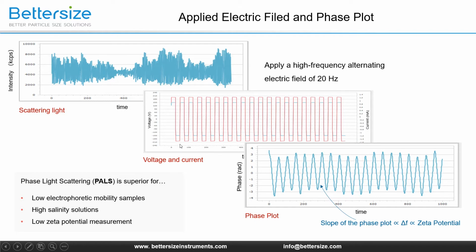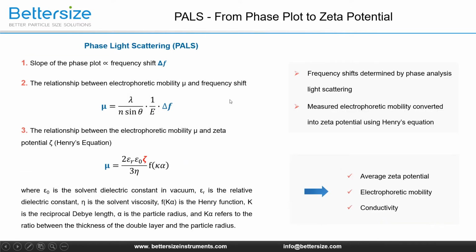In an ELS measurement, an alternating current is applied to the sample to alternately change the electrophoresis directions of charged particles. PALS detects the changes in phase of scattered light with respect to time. The slope of the phase change in time is proportional to the frequency shift, and the electrophoretic mobility is proportional to the frequency shift as well, according to the equation.